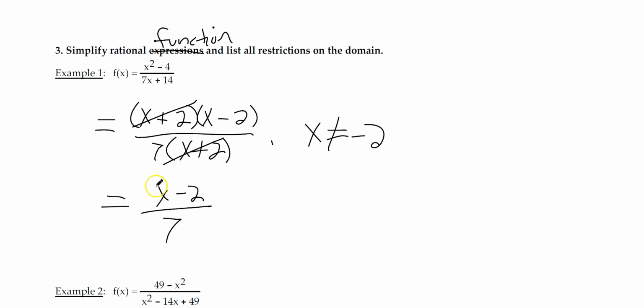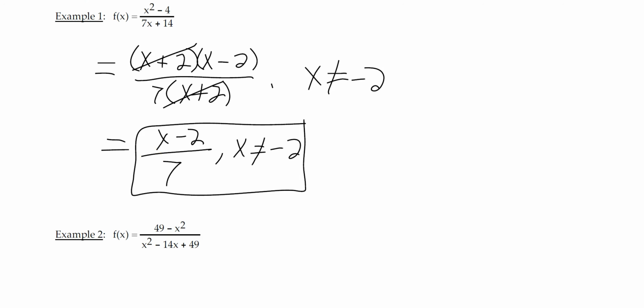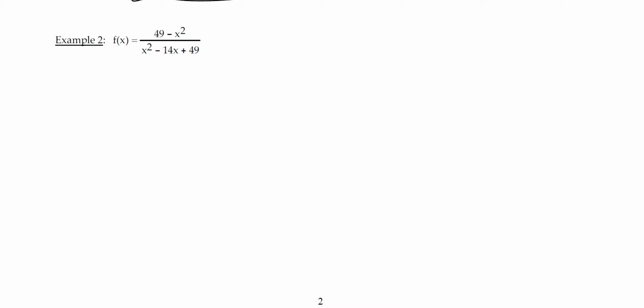Now this form, it doesn't look like x can't equal negative 2, but since it's equivalent to the original, where negative 2 causes divide by 0, we have to tell people to avoid that value by specifying the restriction on the domain. That would be the simplified function. Well, the expression, you could write the f of x equals for a more complete answer. Take a look at the next example. Example 2.